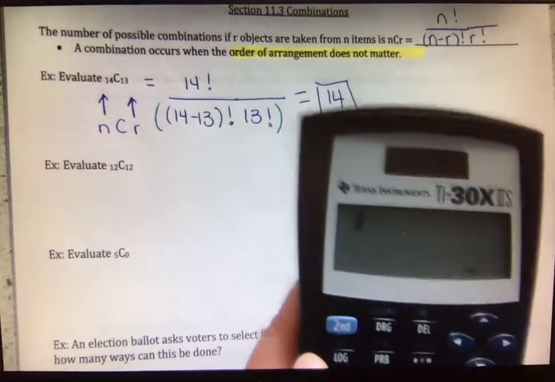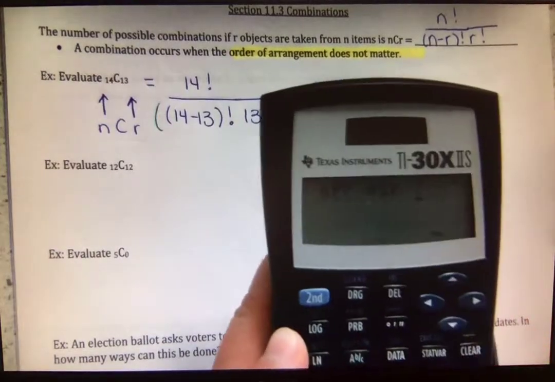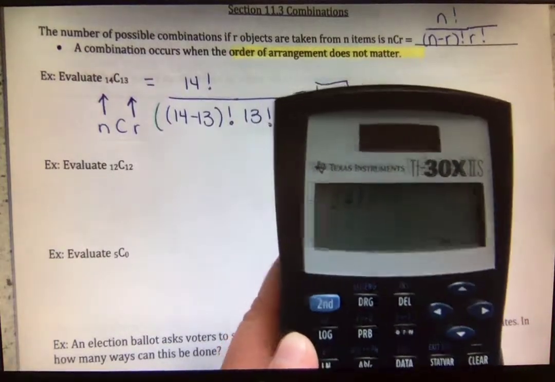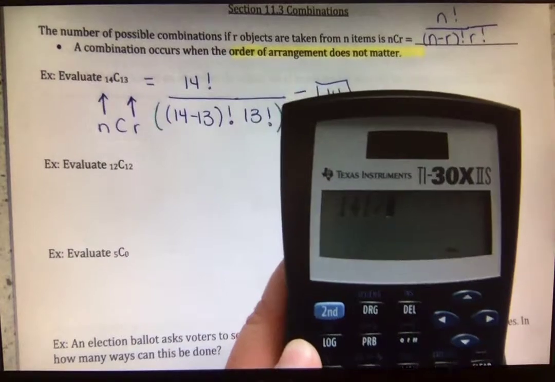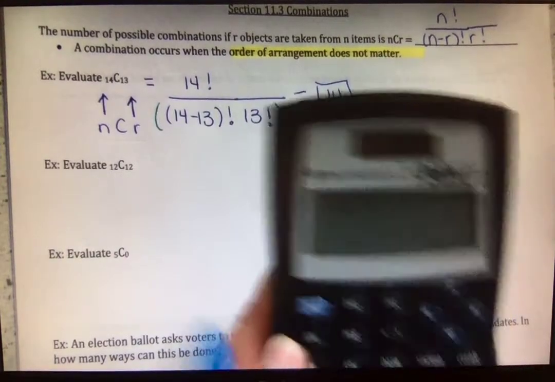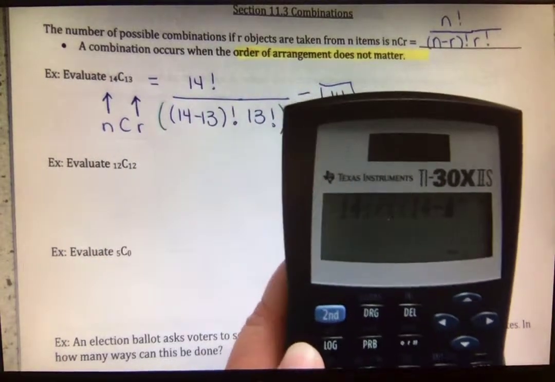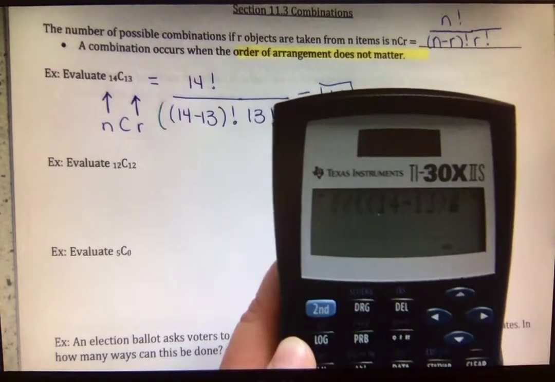Okay, so let's do it again. 14 factorial divided by our parentheses to group everything on the bottom, which is this green one. Another parentheses to group 14 minus 13, closing that parentheses.